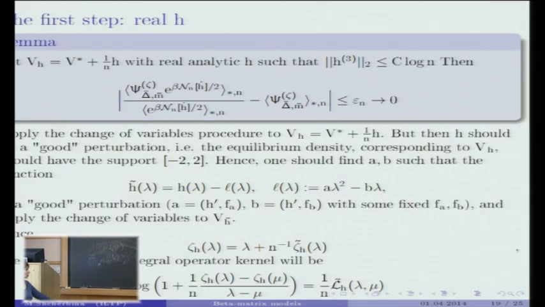So for this potential, I can construct my zeta H, and of course it should be like this. It's very easy to prove. And then if you would like to construct the corresponding integral operator kernel, you obtain that it is like this, log 1 plus over n, and this guy is bounded, smooth, and so on.